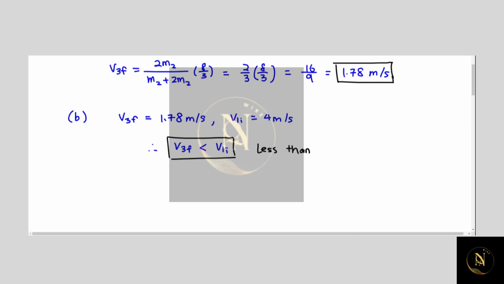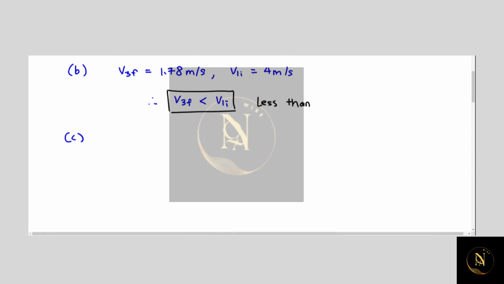Then in part C, we want to compare the kinetic energies. We can calculate K3, which is half M3 V3F squared. M3 is 4M1, and V3F is 1.78 squared. You calculate this and get 6.32 M1.